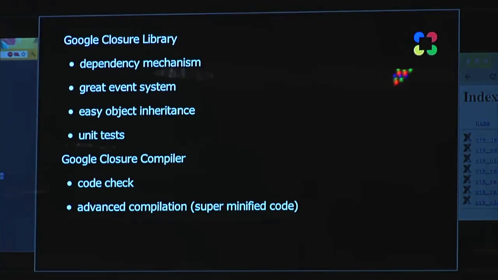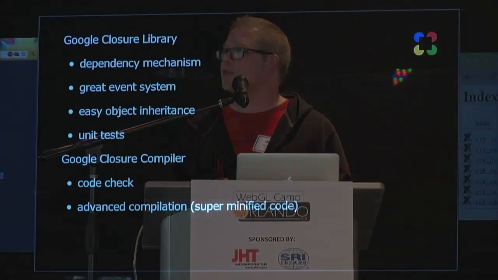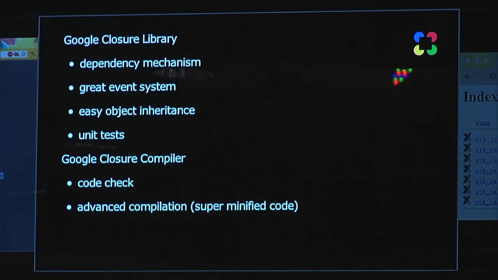So let's talk about the internals of the X toolkit. We are based on the Google Closure library and the Google Closure compiler. We liked it because it has the nice dependency mechanism with goog.provide, goog.require, and has a great event system where you can communicate among different classes without knowing each other, just by firing events.